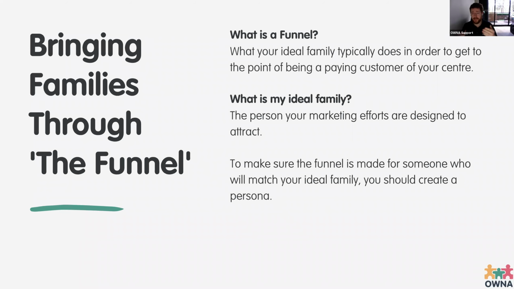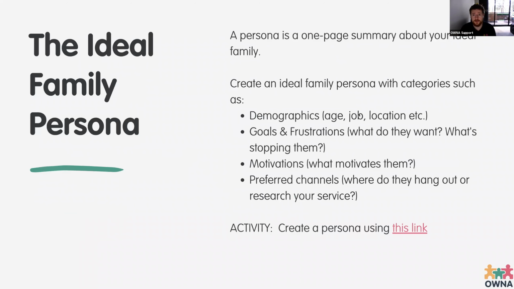You can use past experiences of what your current families are like and market to a similar kind of person. That's easier said than done, so we like to use what's called a persona to create your ideal family and bring it to life. The persona is a one-page summary about your ideal family, and I'll show you an example in the next slide.